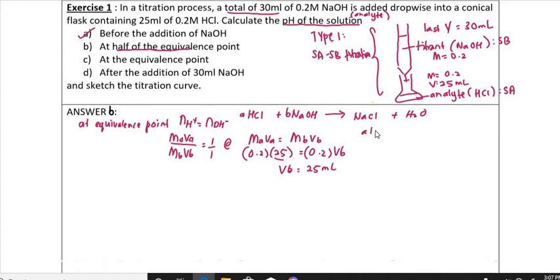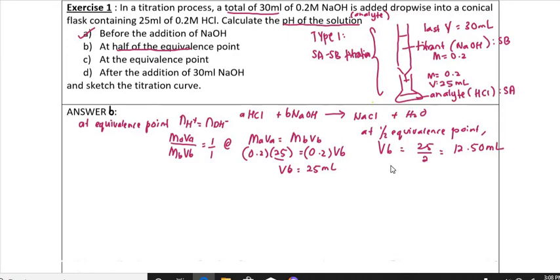So at half equivalent point, volume base is 25 divided by 2, which becomes 12.50 mL. Right? So that means when you added 12.5 mL NaOH di dalam conical flask, you telah mencapai half equivalent point.